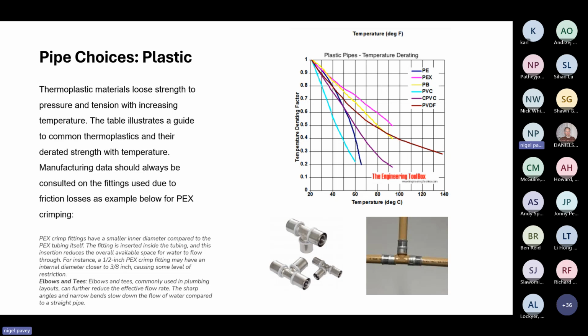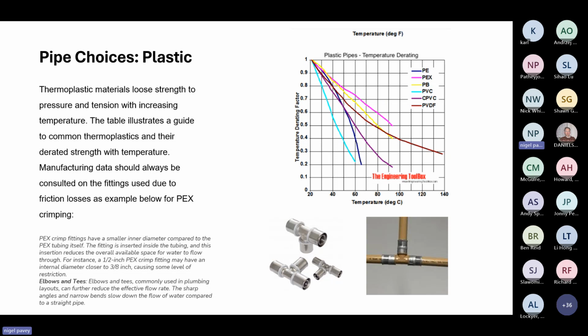The graph on the right-hand side is showing you how these materials perform under various temperatures. You can see that PEX, which is polyethylene cross-linked, is performing the best, and the worst performing is the PVC, polyvinyl chloride.